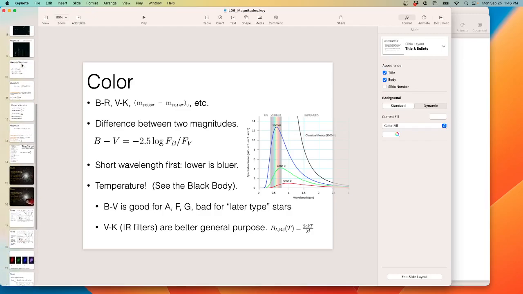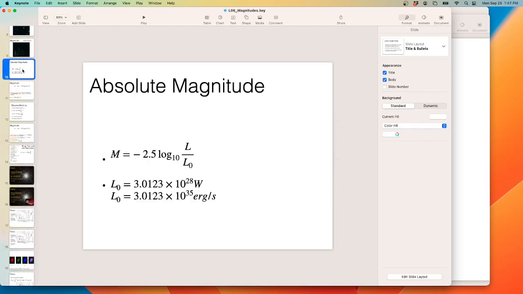Okay, I'm going to give you one super useful thing that I did not realize you could do this way until I was writing the homework set. This makes so much more sense, but I can't define it this way because that makes everything really confusing. But the absolute magnitude, what is the absolute magnitude?